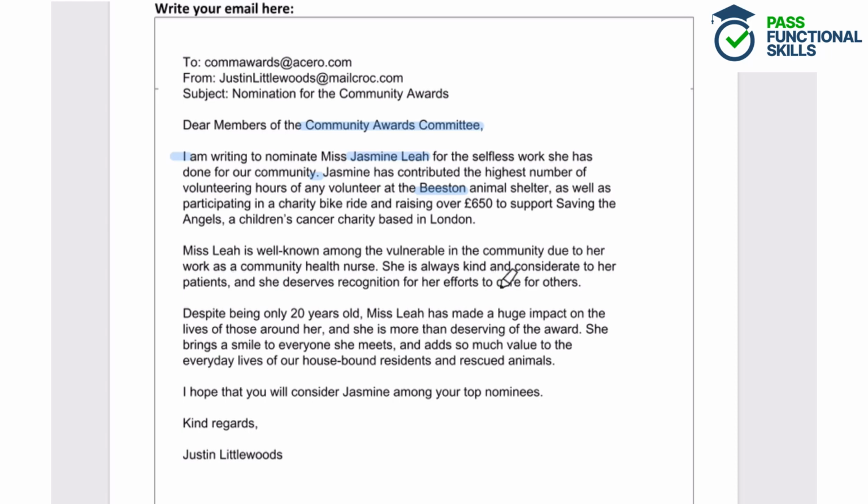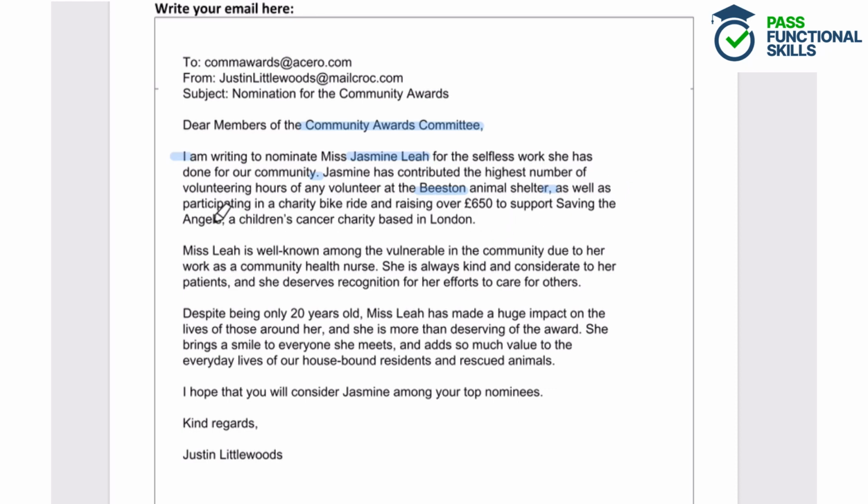So make sure that you're using capital letters whenever they're needed. We've also got commas in this answer to add additional information to sentences and to break up different sentences into clauses. So we've got, Jasmine has contributed the highest number of volunteering hours of any volunteer at Beeston Animal Shelter. And then we have a comma before this connective phrase, as well as to add some more information to that sentence.